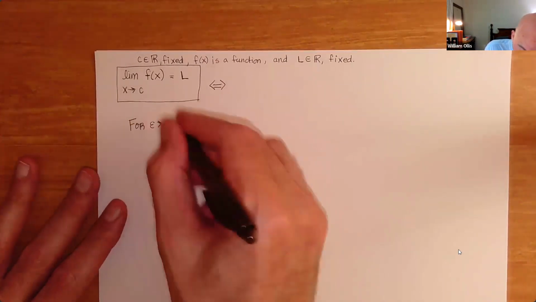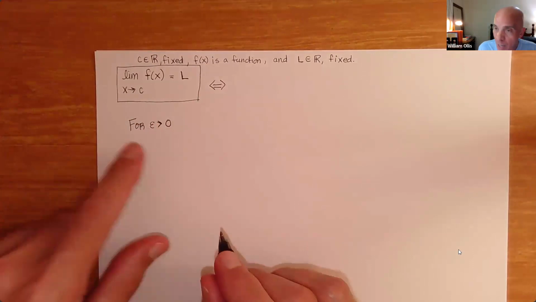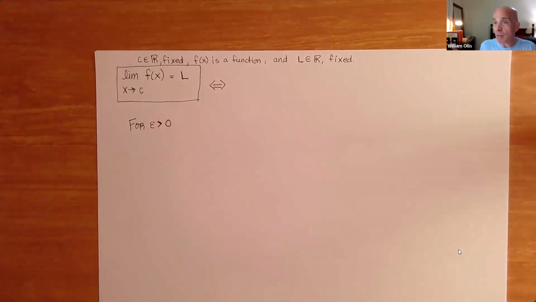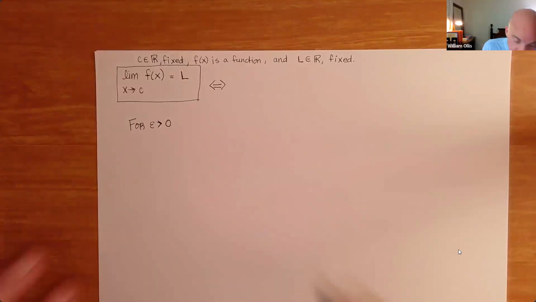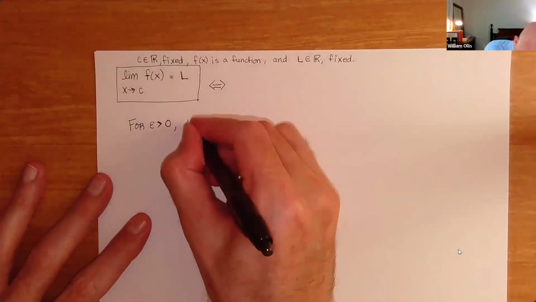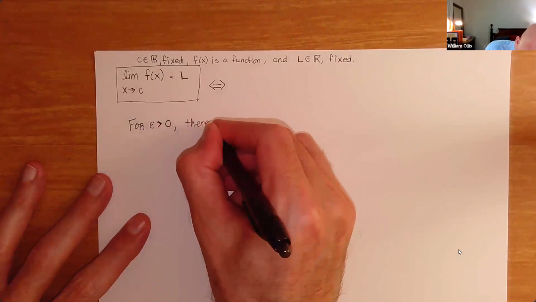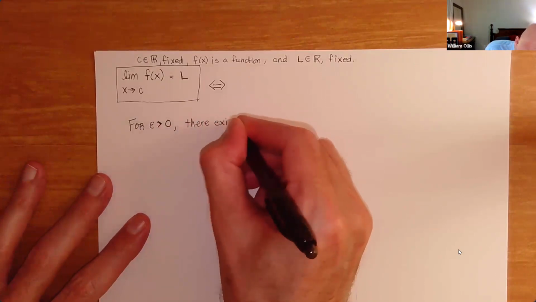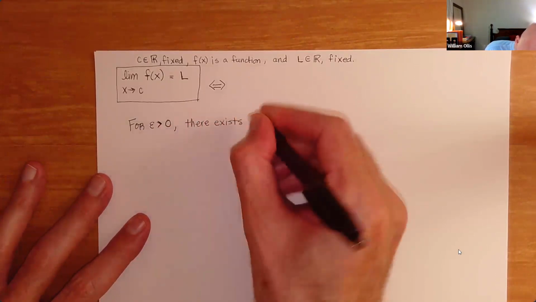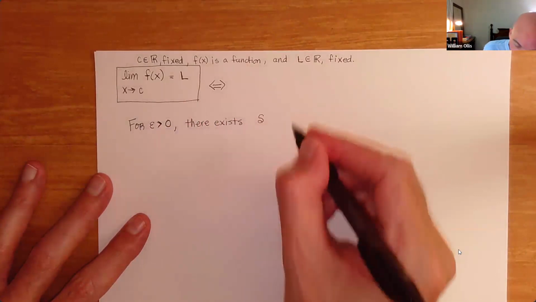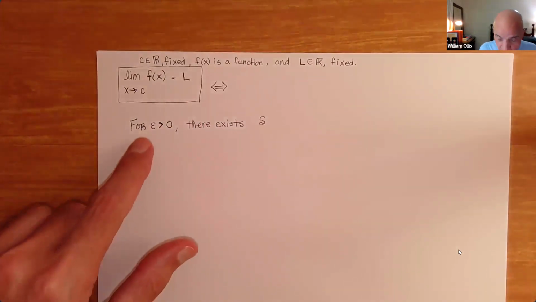If you want to put any, you can, but for epsilon positive, that just says take a positive epsilon, and that just means any one you choose. There exists, and we'll use the lowercase Greek delta. We have to get used to the Greek letters.